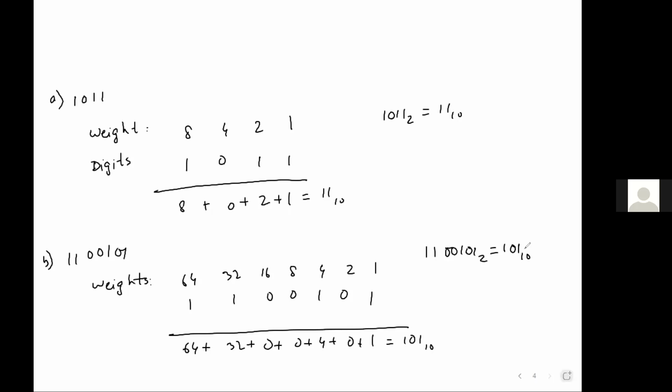Okay, the reverse one. Let's say we have got 39 decimal. Now we need to convert this to binary. So what I said, that we will apply the same concept of weights. All right. So how can we do that? See, first of all, write down the weights.